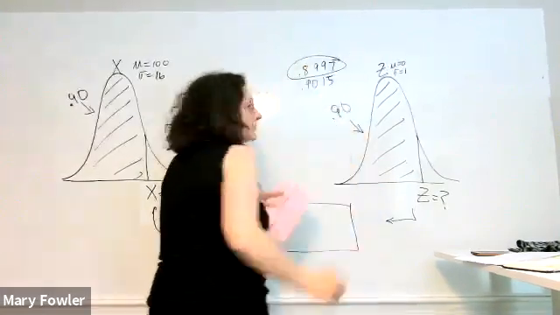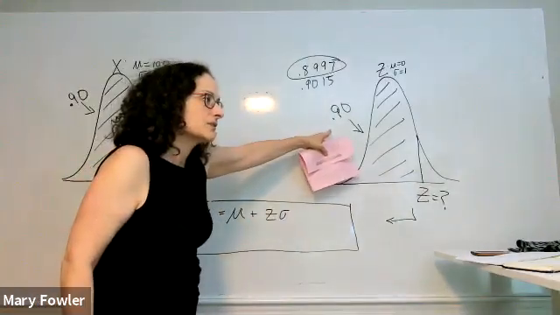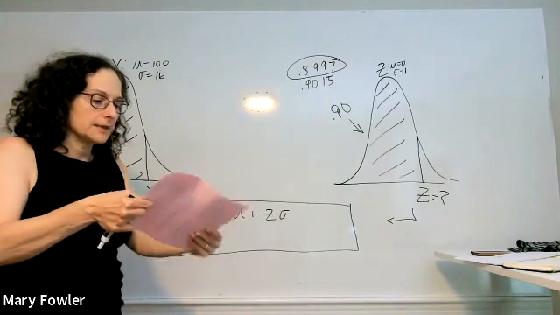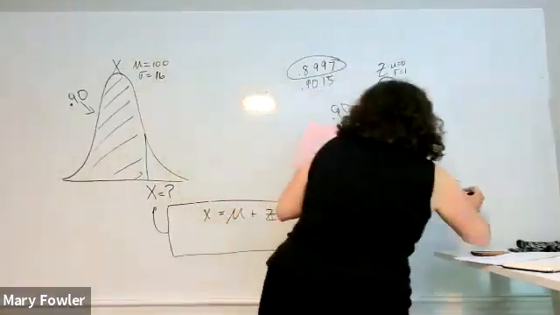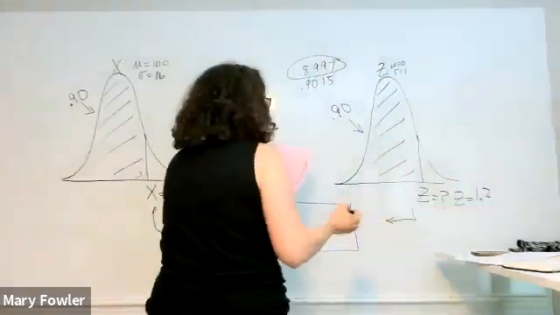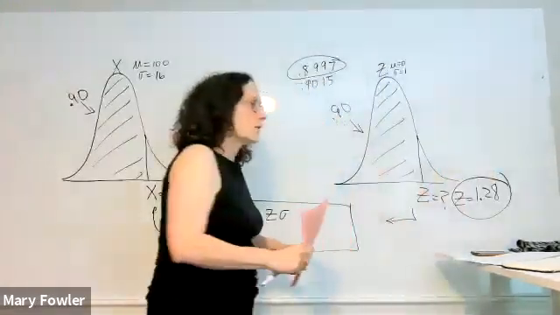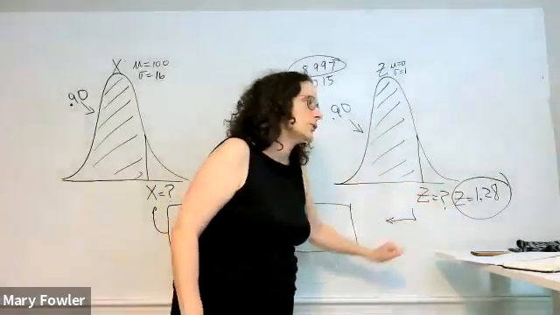I'm circling the first one because it's 3 units away from the desired area of 0.9000. Pulling that off the table, the row is 1.2 and the column is 0.08. So the z-score that has the property that 90% is to the left is 1.28.